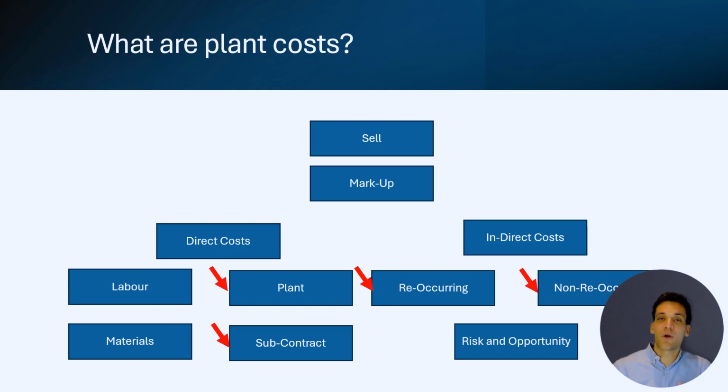For example, if we're wet hiring a crane through a subcontractor, we could have plant covered in our indirect costs, so our recurring overheads, which might cover the utes we need to move people around site, might cover a telehandler for moving materials. And then we're also going to have some allocation of plant costs in our non-recurring indirect costs. So mobilizing to site, setting up, servicing facilities, these sorts of things, they'll be in our non-recurring overhead costs.